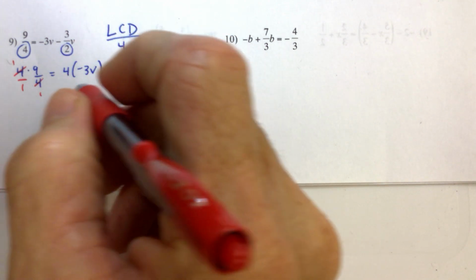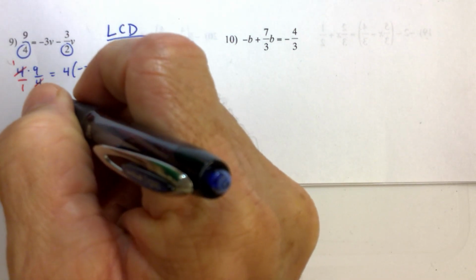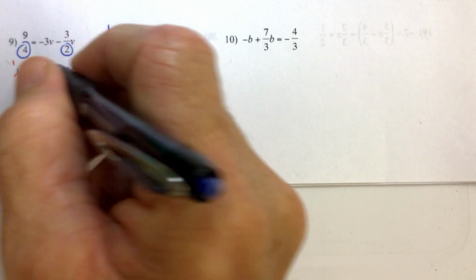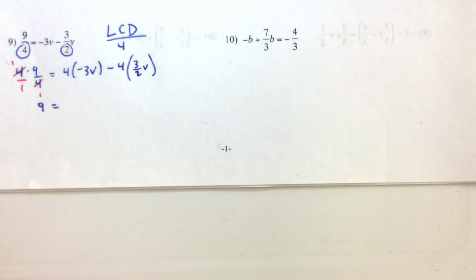So the left side just becomes 9. 4 times 9 over 4 is equal to 9. You can think of it as 4 over 1 times 9 over 4. 36 over 4, that's 9. So you can cancel to keep the numbers smaller.